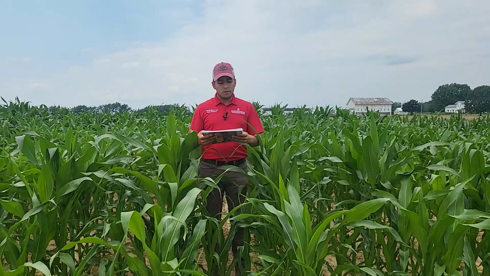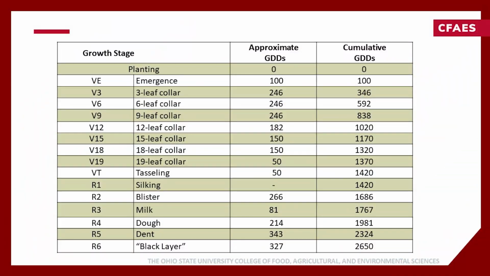On the table, we will be able to see the timeline for corn growth and development, starting with planting and emergence and going all the way through the crop cycle, finishing at R6, or physiological maturity in corn.